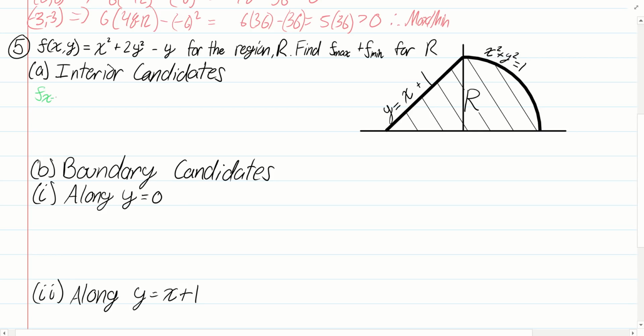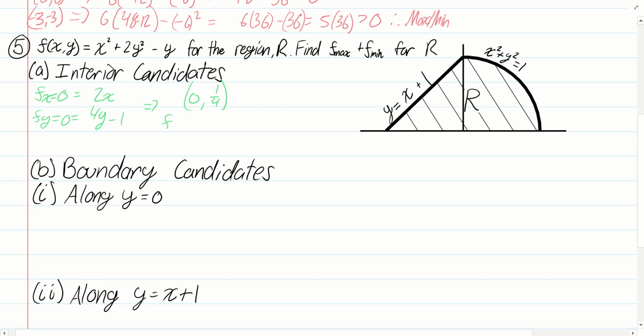Solve for fx. So fx equals 0, which gives 2x. Solve for fy. That equals 0, and that'll be 4y minus 1, which implies that our point is going to be 0, 1/4.